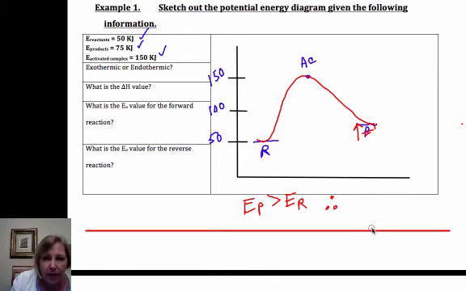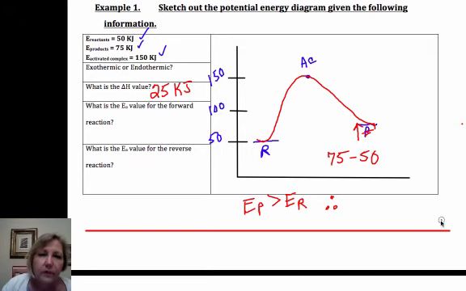So we went up, and so it's 75 minus 50. So delta H is 25 kilojoules. Okay, it's endothermic because it's positive and it went up. We've got to gain energy to end up at a higher potential energy.